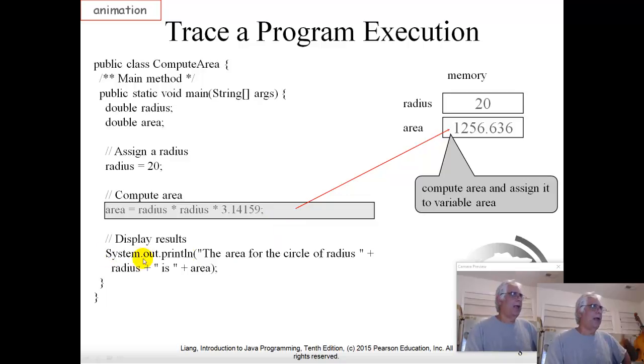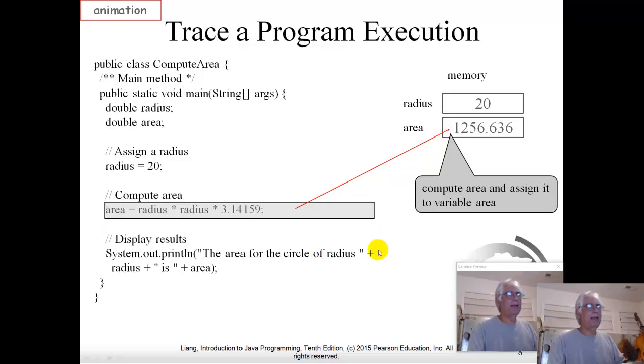Here we've got a print statement, so this will print to the console, to your command window, System.out.println. The area for the circle of radius is area. So what will happen here when this actually prints? Inside the quotes, that's called a literal. What does that mean? It means literally whatever is between the quotes will be printed.